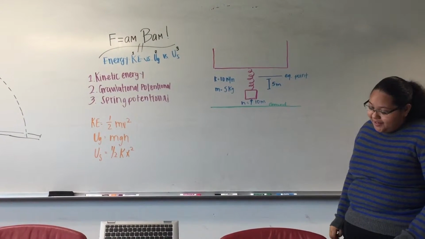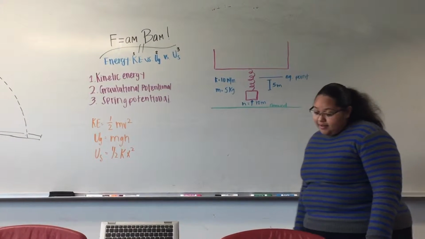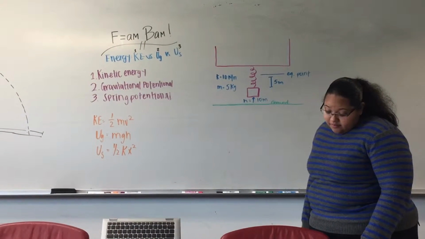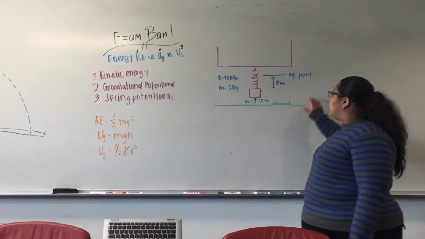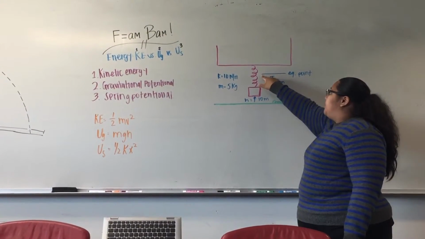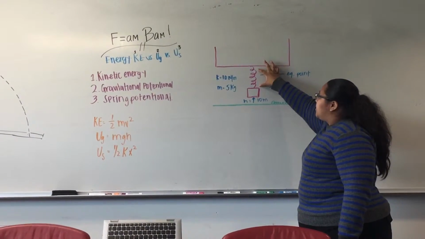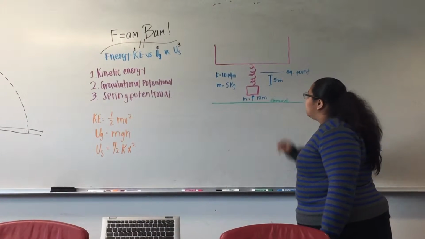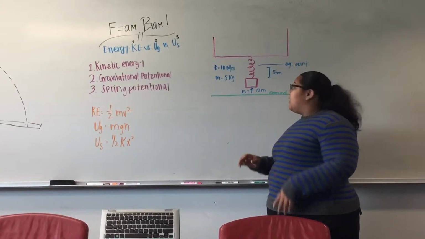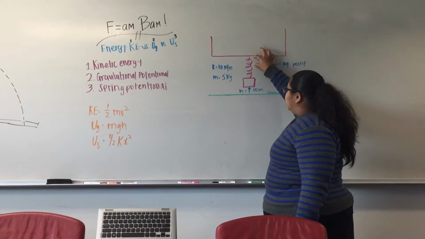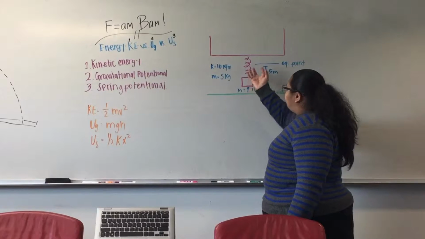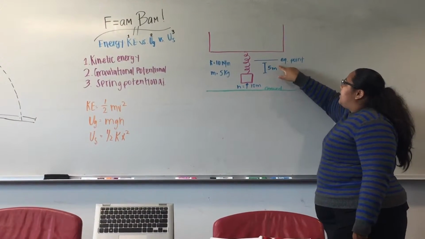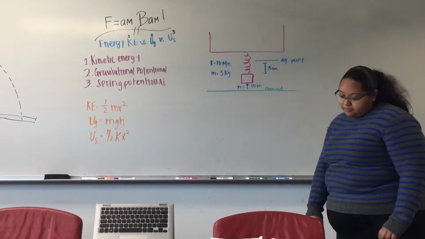The mass is shown at the maximum displacement on the spring, 5 meters from the equilibrium point. The equilibrium point would be where the spring is at its normal resting position. This is not to scale, but the spring would be this big, and since this weight is pulling down on the spring, it grows a little, and it comes 5 meters from the equilibrium point.